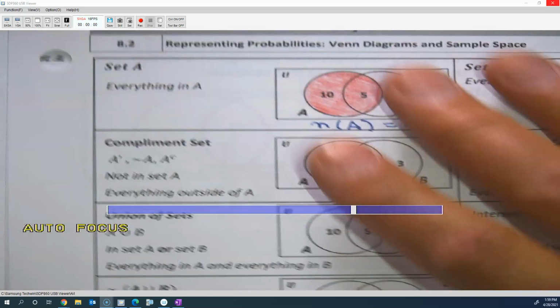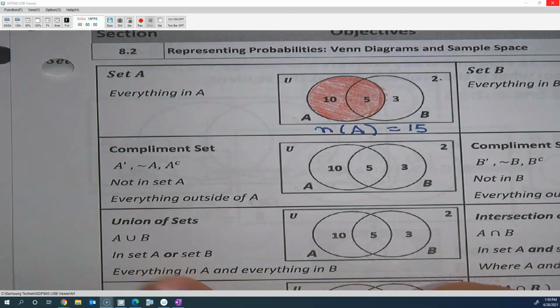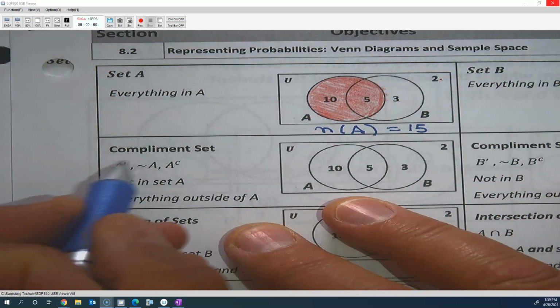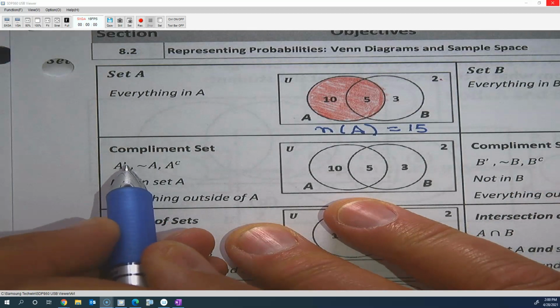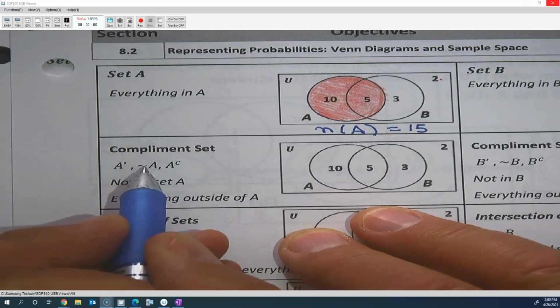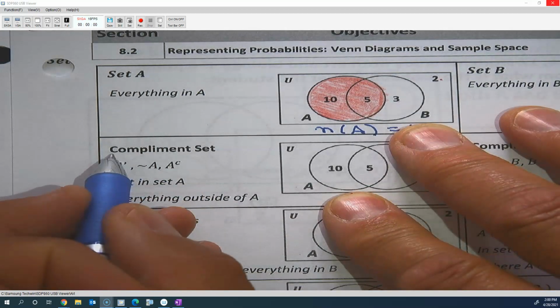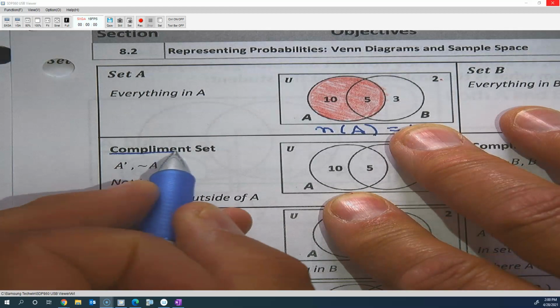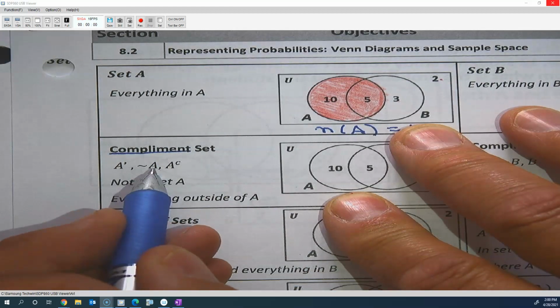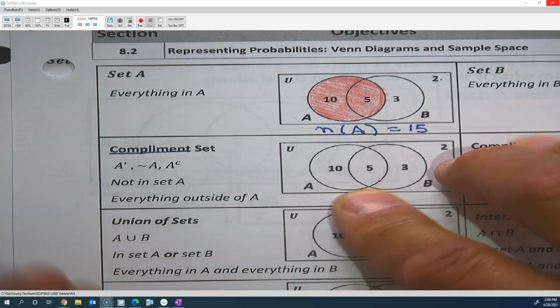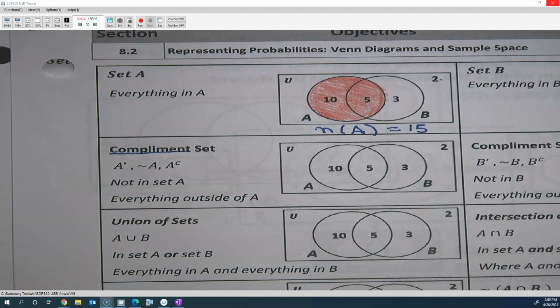There's lots of different notation for it. All 3 of these mean the same thing. The little apostrophe, the squiggle, or a little c as an exponent all stand for the word complement. These are 3 different ways that it might be written. When you see that, you're saying to yourself the word not.